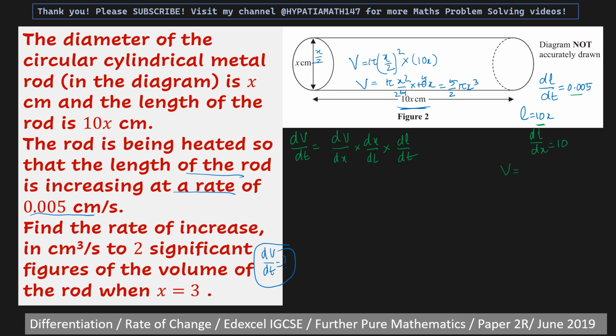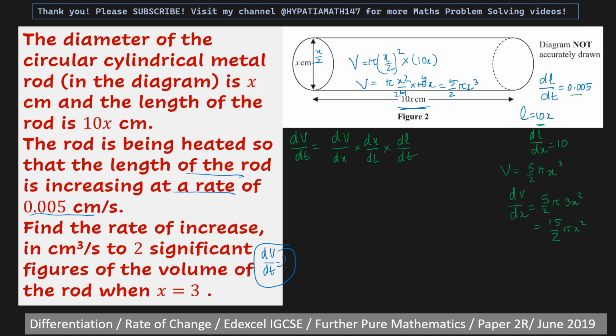The volume is 5 over 2 pi x cubed. So dV/dx should be 5 over 2 pi times 3x squared, and that is equal to 15 over 2 pi x squared.